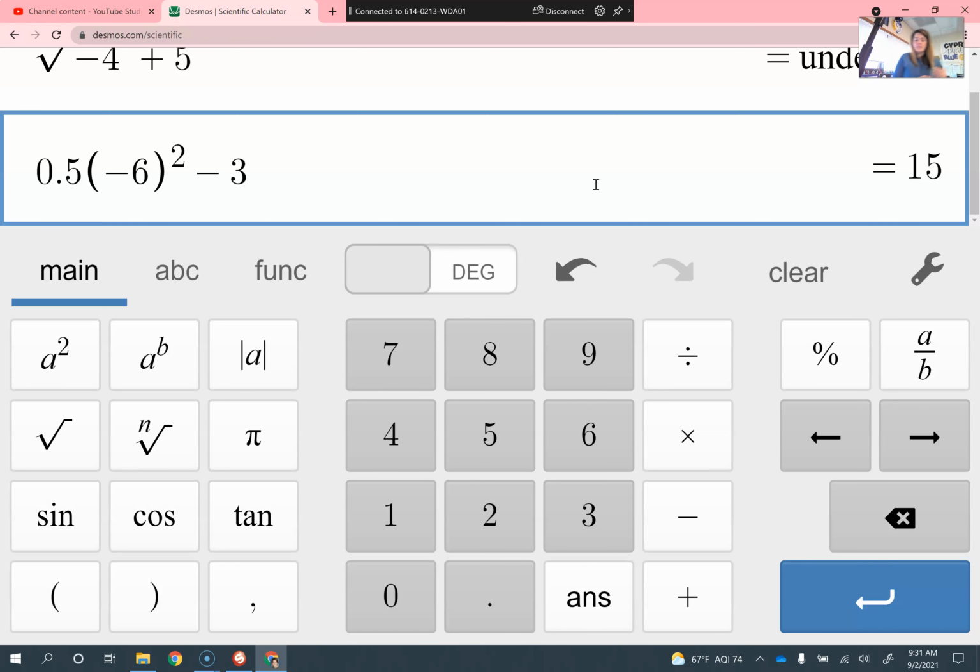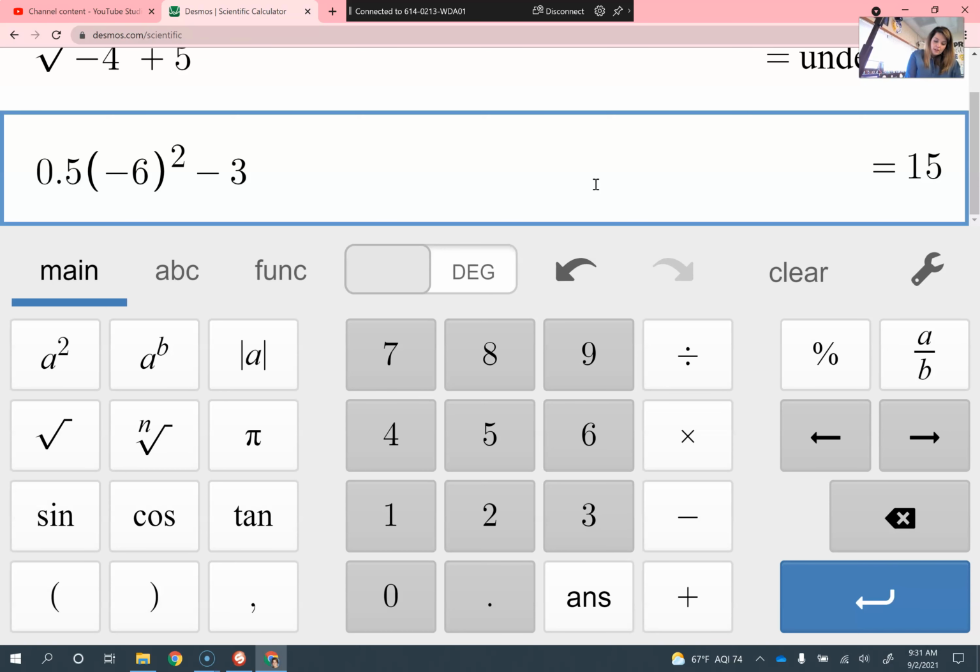I can put that down right now. I would go over on my graph to negative 6 and go all the way up to 15. What I have drawn there wasn't quite right. I did a sketch, but I wasn't quite where I needed to be.